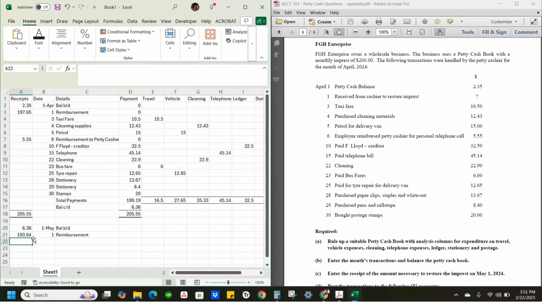To bring it back to the 200, be 200 minus $6.36. So our reimbursement on May 1 is $193.64.